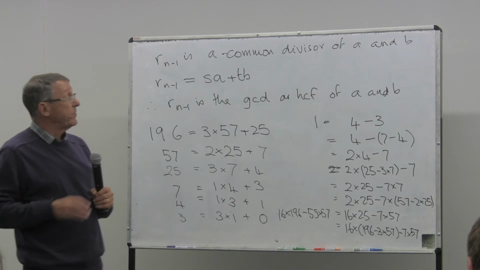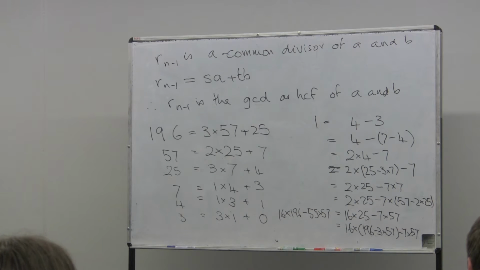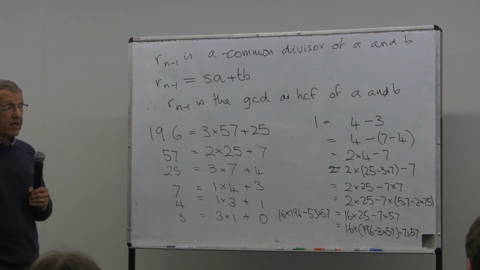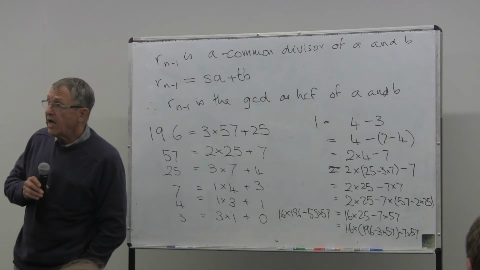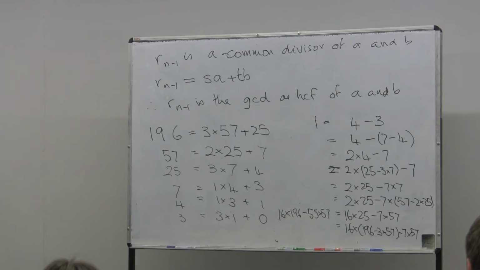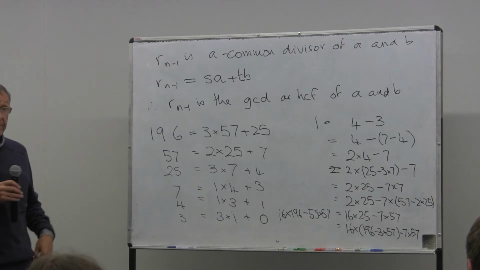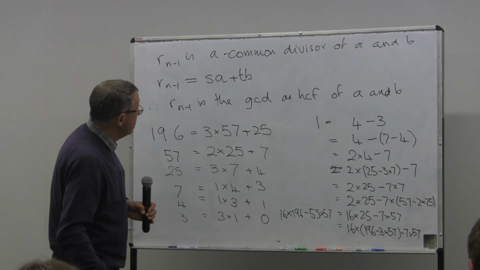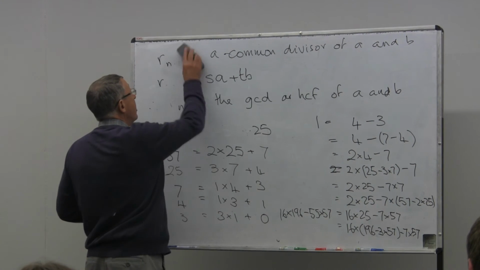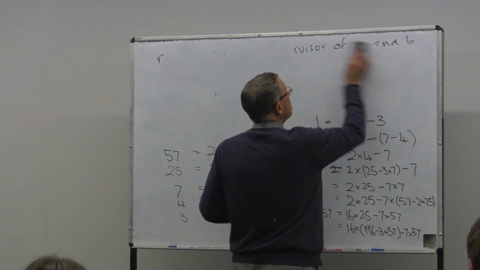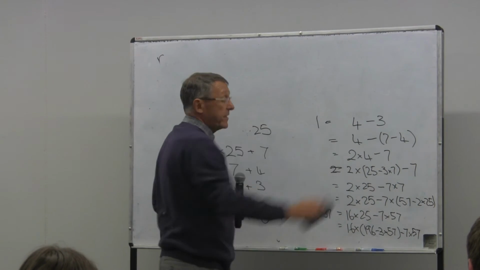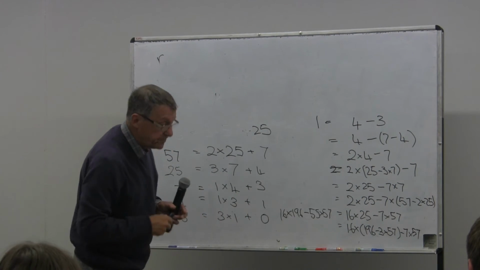And one of the things that was studied by Euler, the famous Swiss mathematician, preceding Gauss, was how many numbers are there? Choose a positive integer A, how many numbers less than A are co-prime to A? And he called that number phi of A, and that's called Euler's phi function.